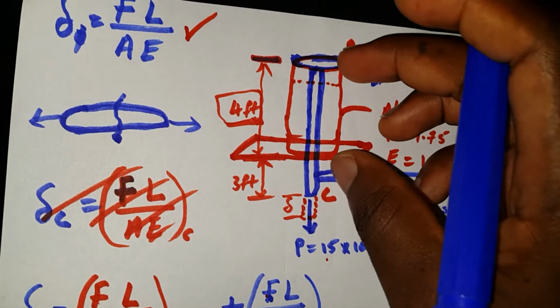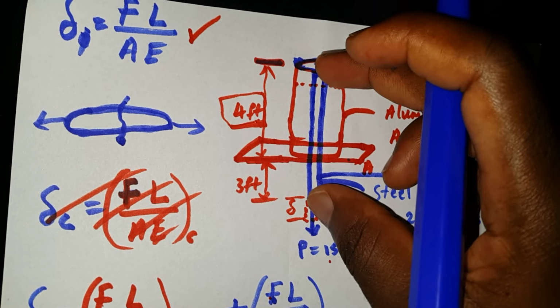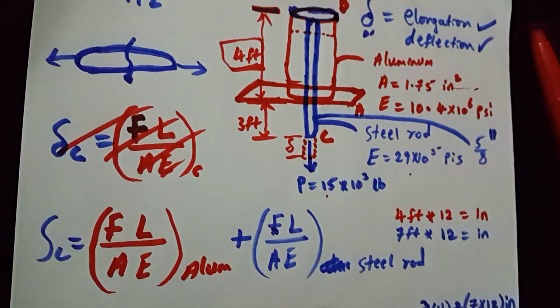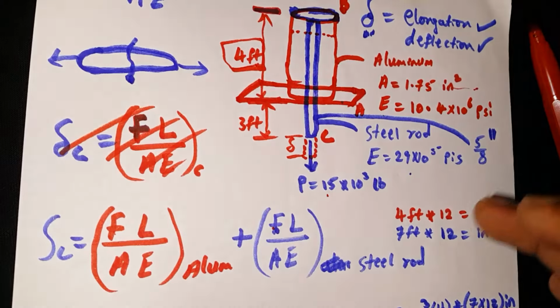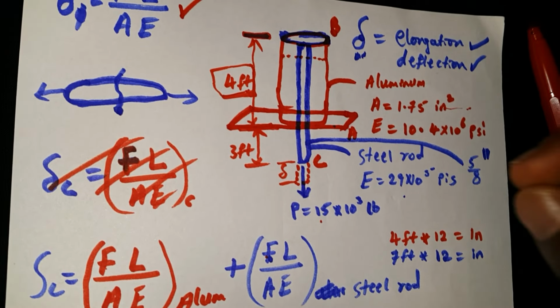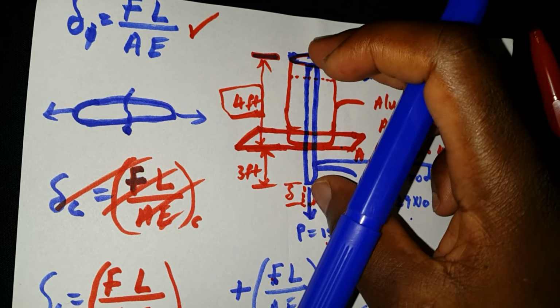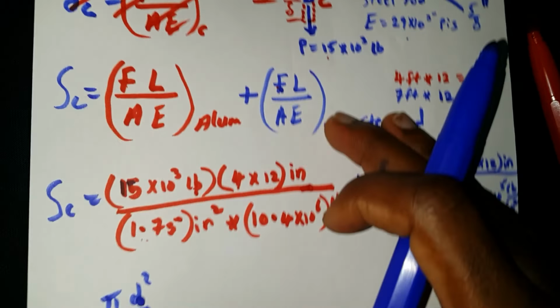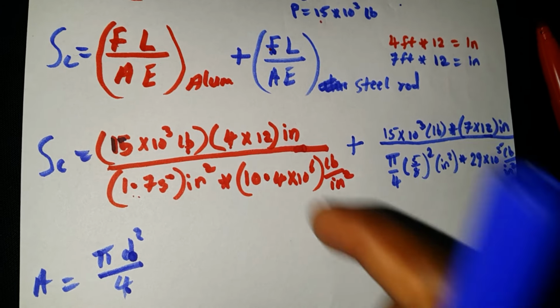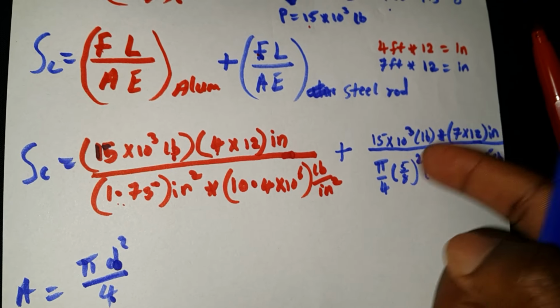We've analyzed this and this as well. So now we've analyzed this cylinder and this rod, and we found our values in this place.